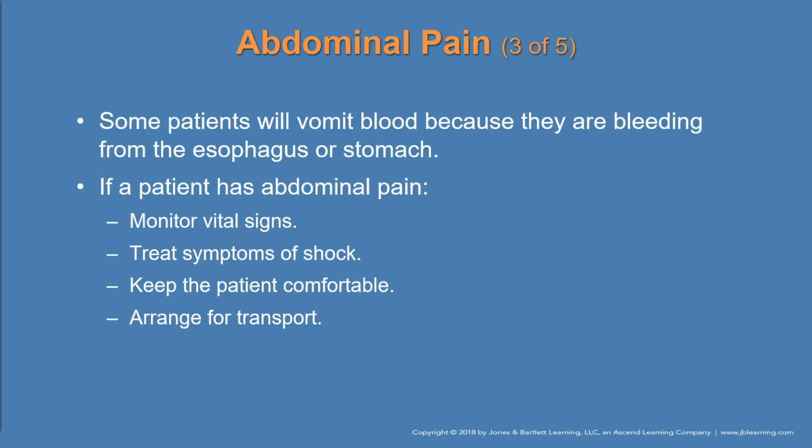Likewise, bleeding from the lower intestine, if they poop blood, it is from below the stomach. If they poop black tarry blood, it's been digested. And if they poop bright red blood, it's probably from hemorrhoids or something like that. Very rarely will someone produce a great quantity of bright red blood from their rectum. But when they do, it is a serious concern.